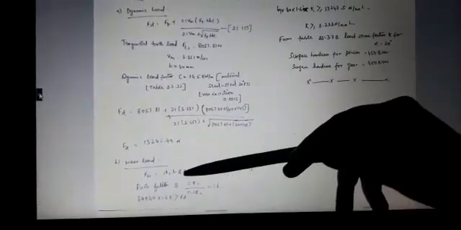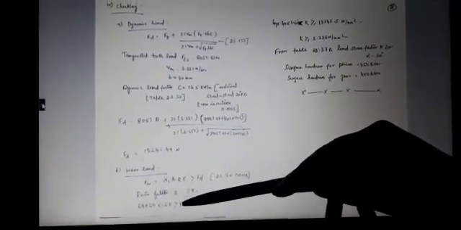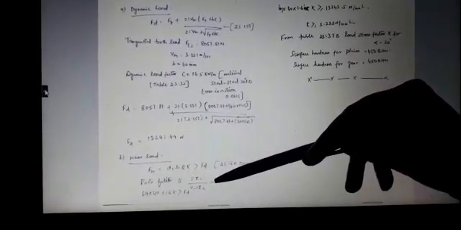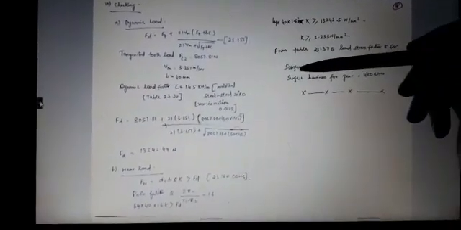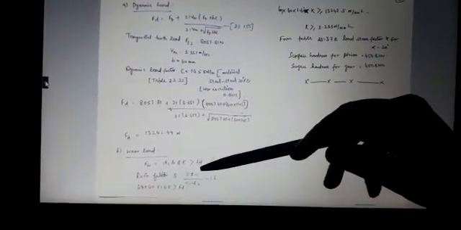Q is the ratio factor, and the formula is available. Substitute the values and you find K, because in the problem they ask for the surface hardness for the pinion and gear. So finally K is the surface hardness. By applying this condition, you find the surface hardness for the pinion and gear.